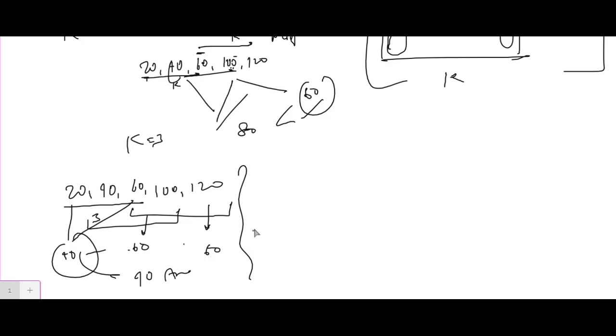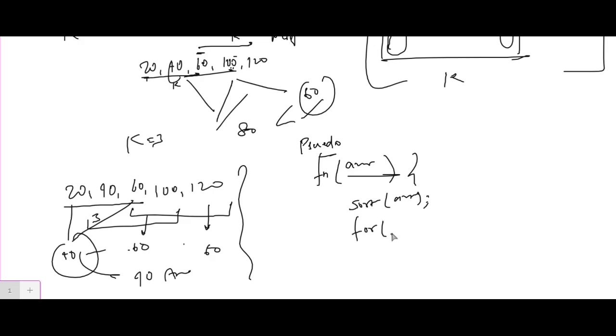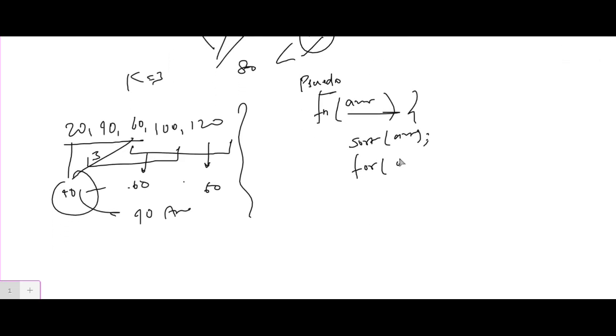Now let's write a pseudo function for it. The function takes that array. First we sort the array. After sorting, we run a loop from i equals k minus 1 while i is less than n, i plus plus. We take a variable answer and store the minimum in it.